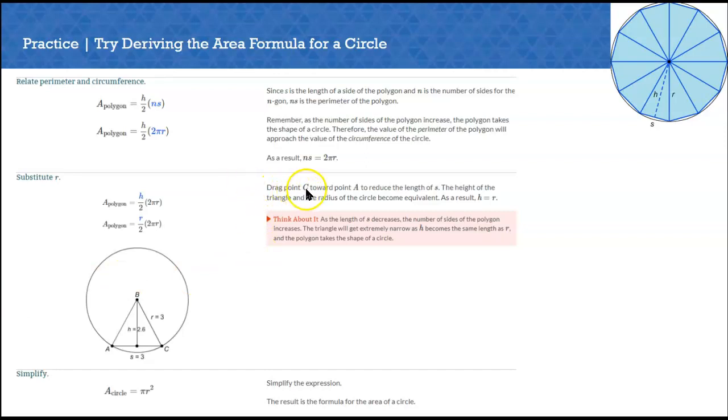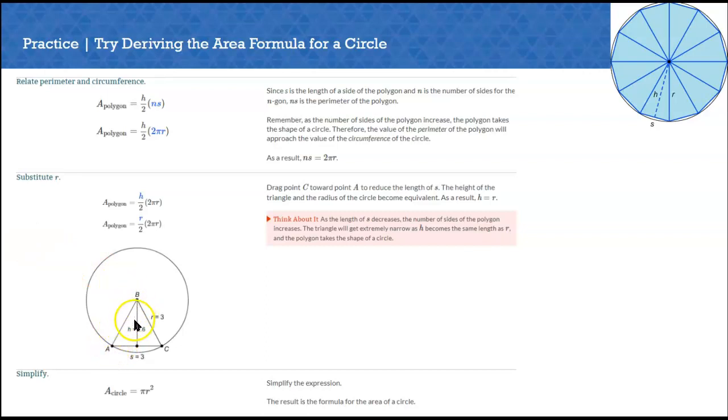We're going to go ahead and drag point C towards point A to reduce the length of S. The height of the rectangle and the radius of the circle become equivalent. As a result, H becomes R, the radius.